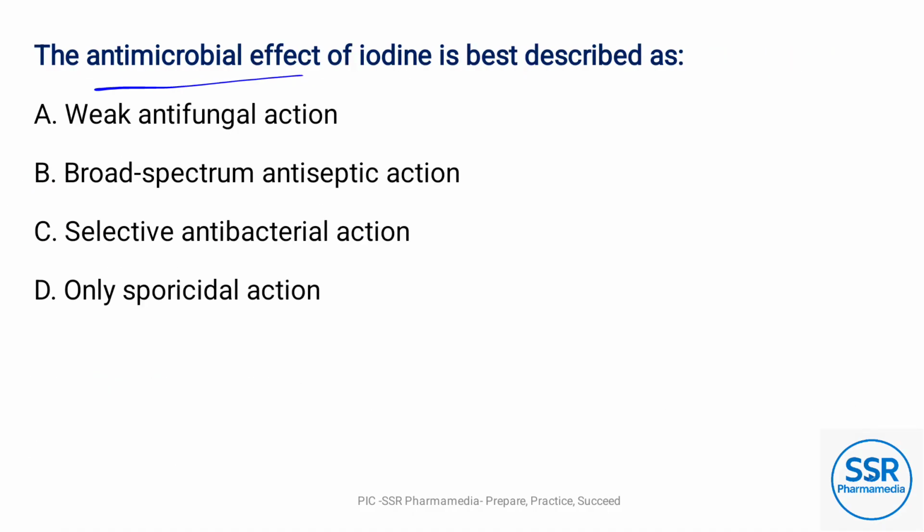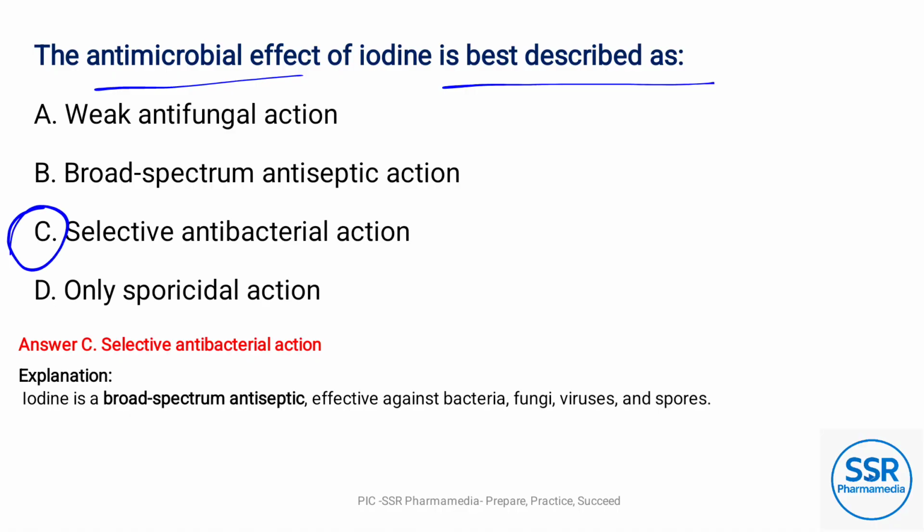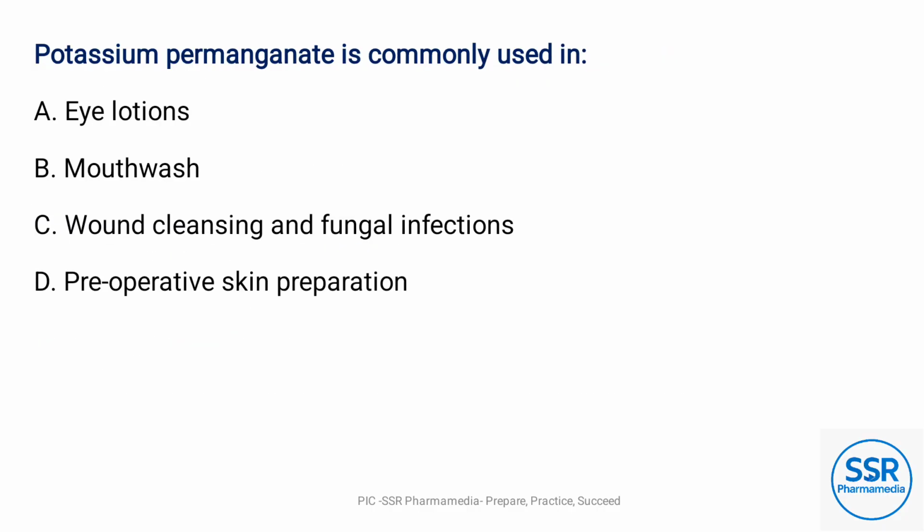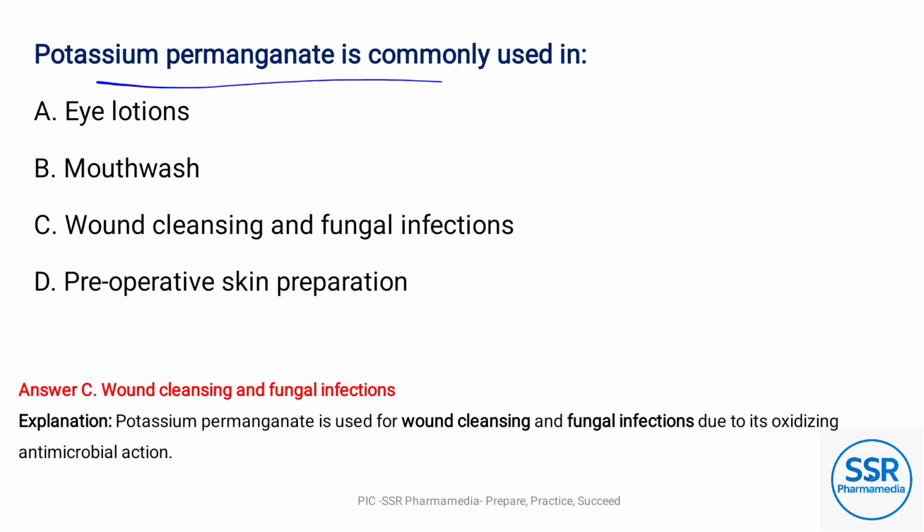The antimicrobial effect of iodine is best described as, option C, selective antibacterial action. Potassium permanganate is commonly used in option C, wound cleansing and fungal infections.